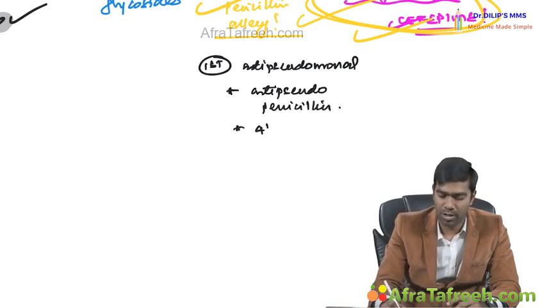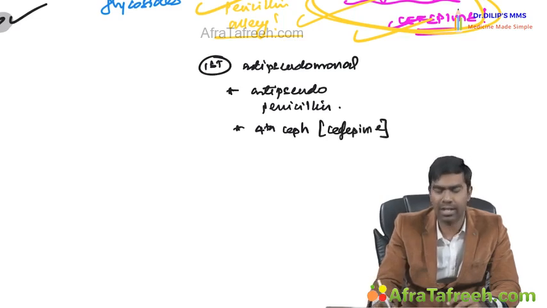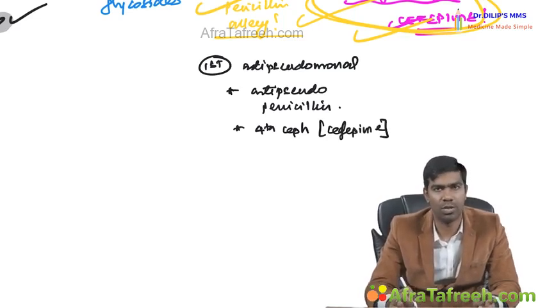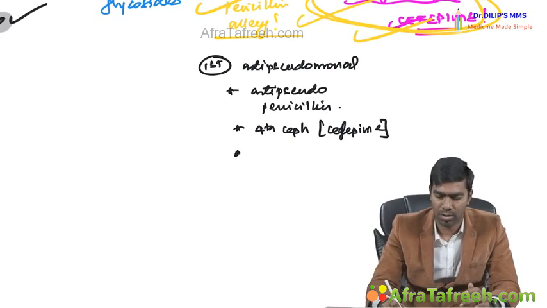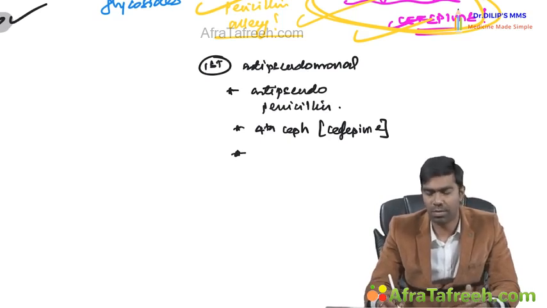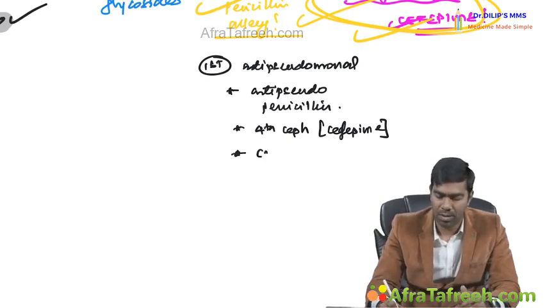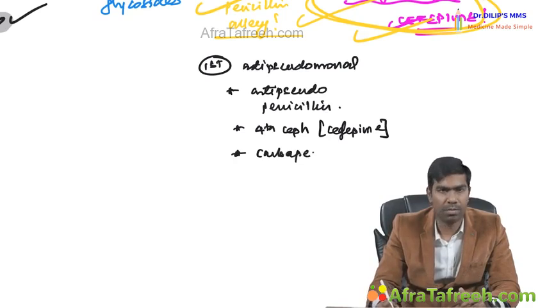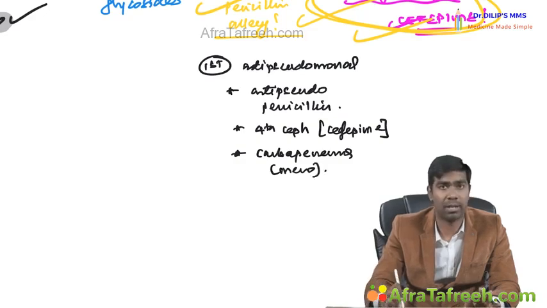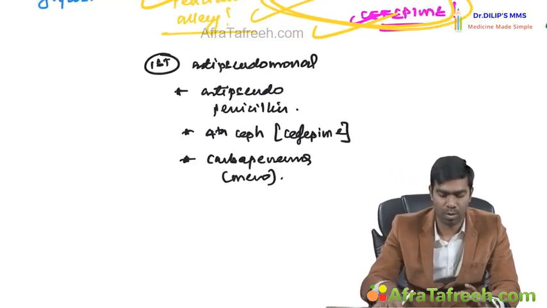Then you have the fourth generation cephalosporin, cefepime. I told you ceftazidime is theoretically okay, but practically we don't use it right now because of the emergence of resistance to ceftazidime in Pseudomonas. Then the third one we can prefer right now is the carbapenems, typically doripenem, imipenem or meropenem, but in our practice we use meropenem. That's just an example. You can use imipenem, I don't have any problem.